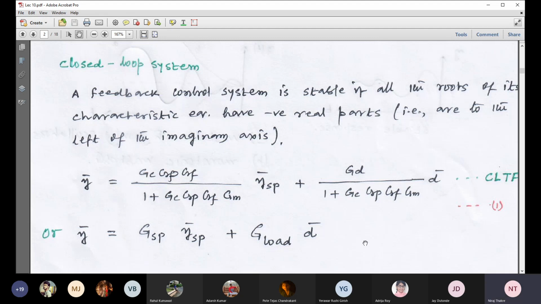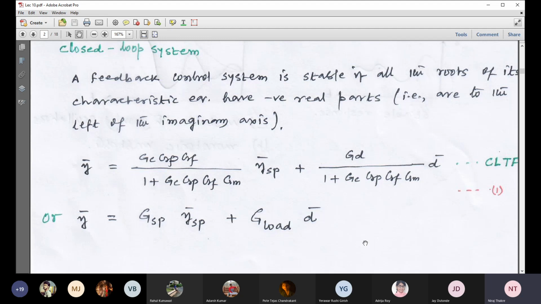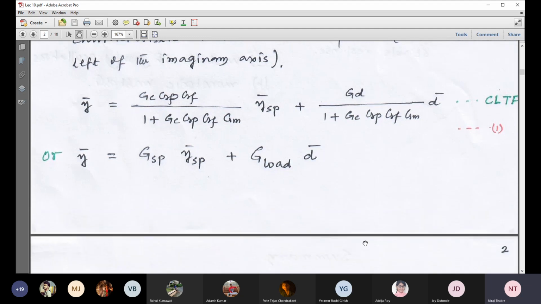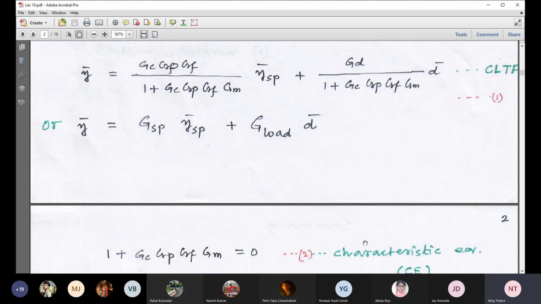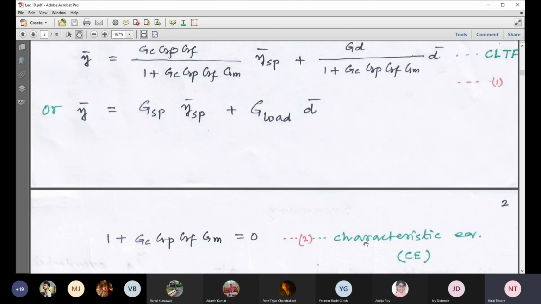Now, like open loop system, for closed loop system also we want to consider denominator equal to 0. You see, that is considered here. For open loop system, we have considered denominator equal to 0. Same thing we want to do here as well for closed loop system. Denominator equal to 0.